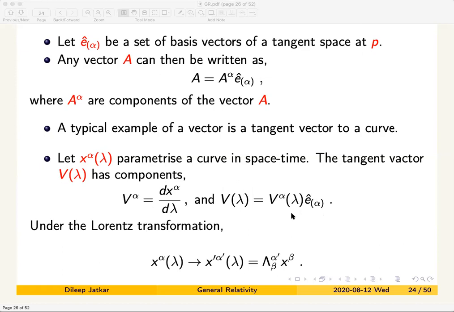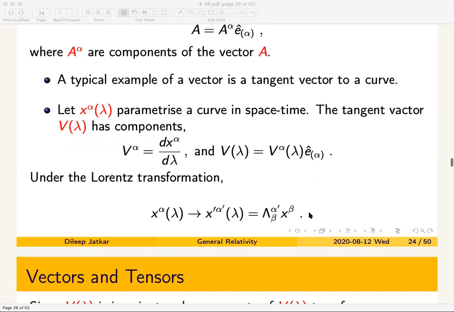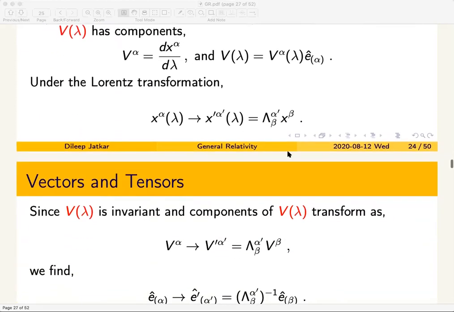Suppose we do a Lorentz transformation. Under the Lorentz transformation, we have x^α going to x'^α', which is a Lorentz transformation matrix Λ times x. It's a linear transformation, and under that transformation, the vector v is invariant.